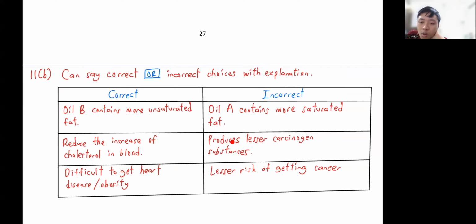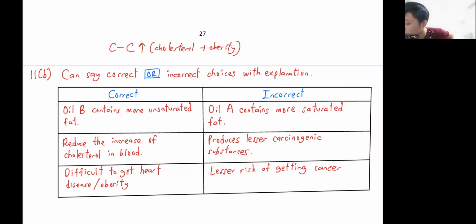You can say oil A is better for deep frying because unsaturated fat has double bonds, and then we have carcinogenic substances, so that you have lesser chances of getting cancer. Basically, if this one is more, you cause a lot of cholesterol inside, and this one causes obesity.